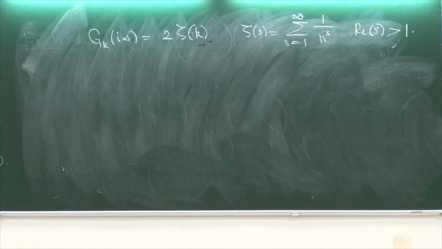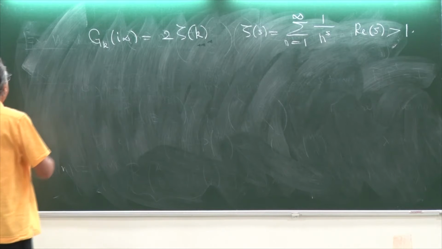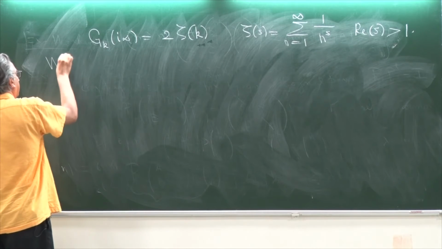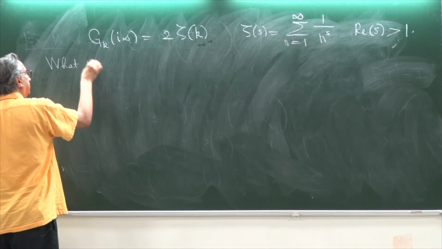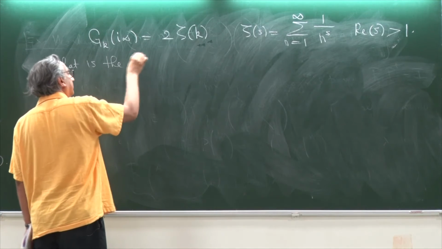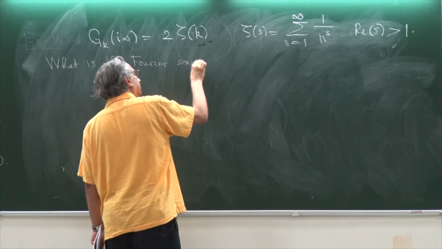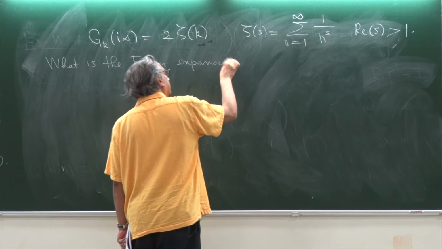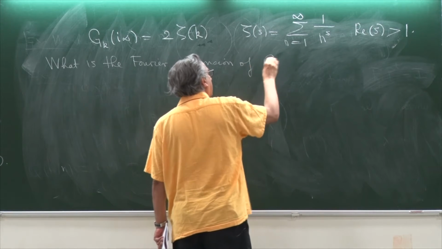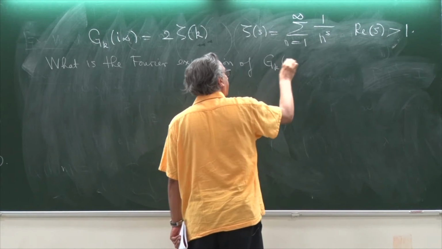Okay. Now I'd like to ask what is the Fourier expansion of g_k of z at infinity.